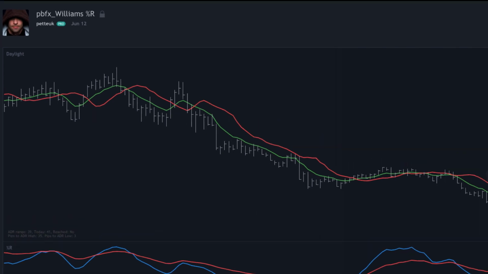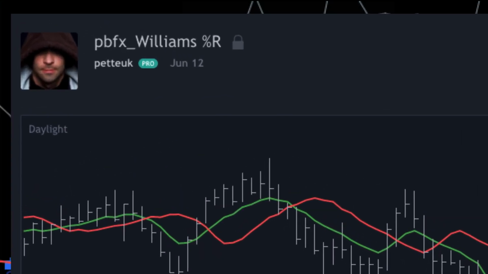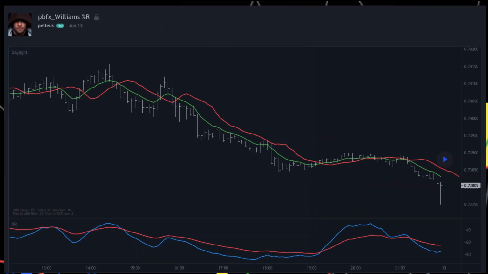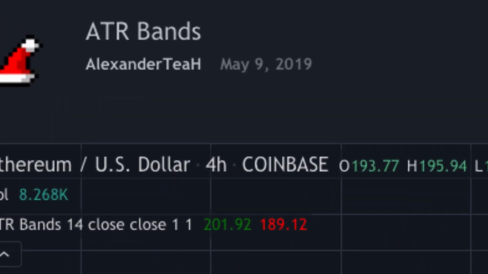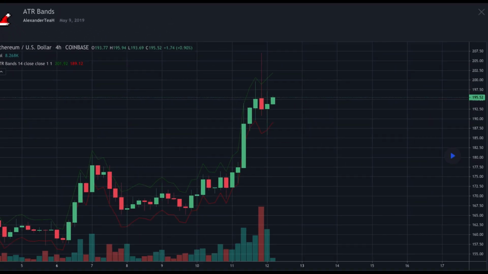And the second is the PBFX Williams Percent R, also by Petticoat. These 2 indicators will tell where our entries are. The third indicator we're going to use is ATR Bands by Alexander TH. The ATR Bands are going to establish where we place our stop and thus where we take our profits. All indicators will be used with default settings.